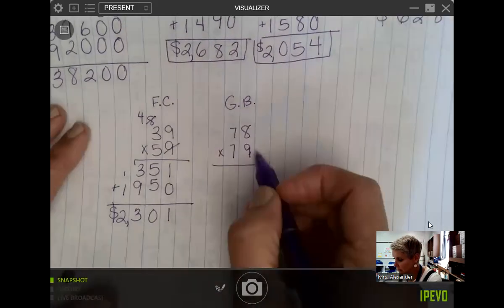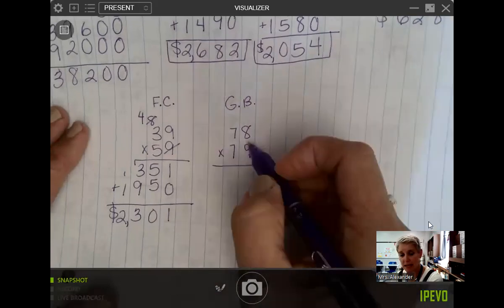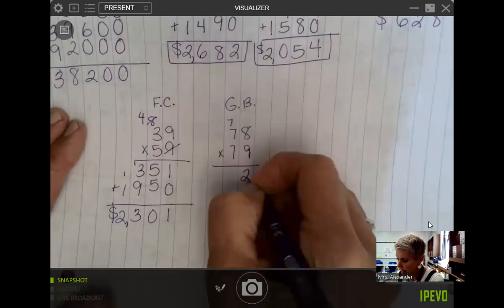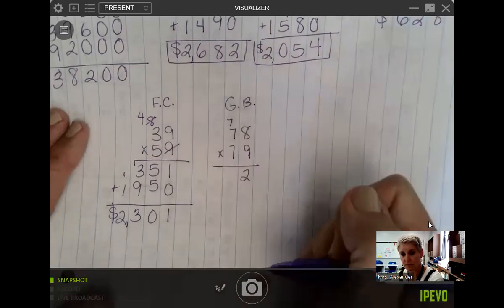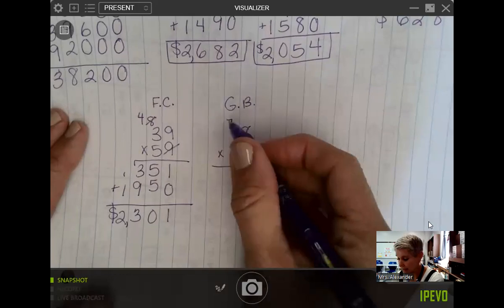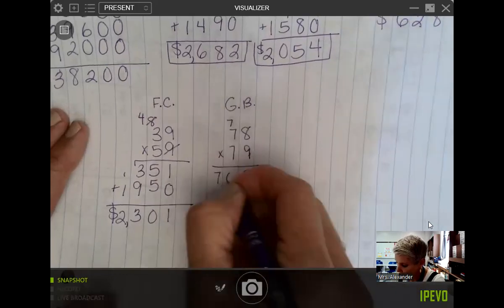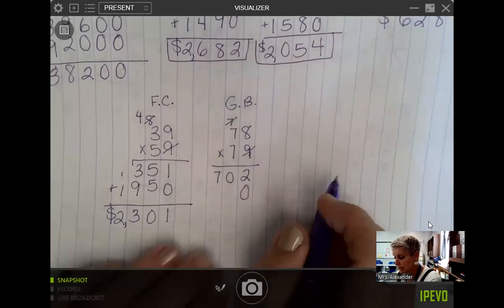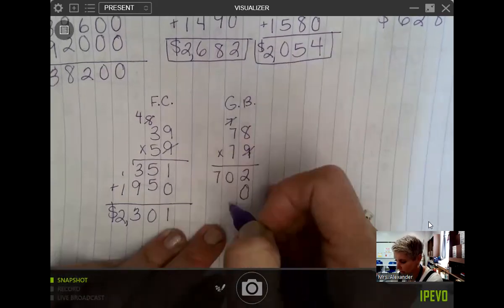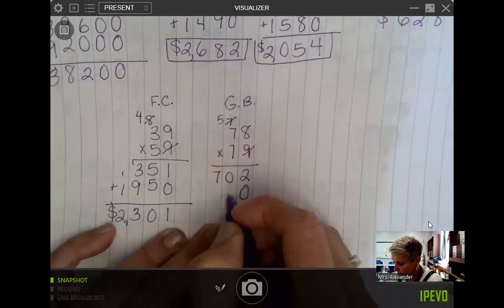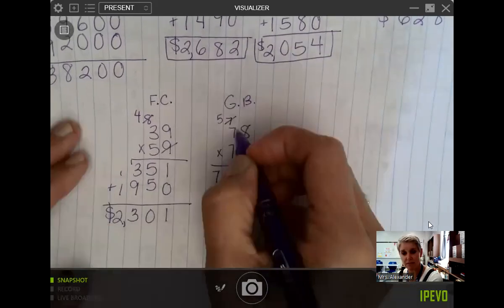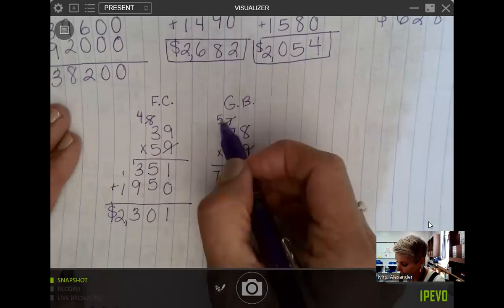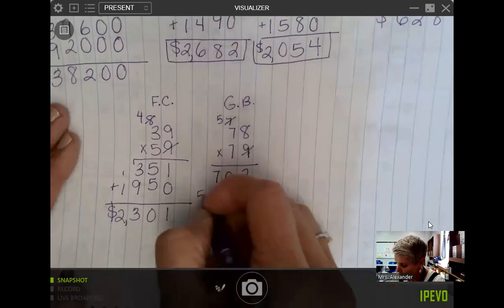Let's do the game booths. 9 times 8, 72. 9 times 7, 63 plus 7 will be 70. Finished with our ones place. 7 times 8, 56. 7 times 7 equals 49, plus 5 equals 54.